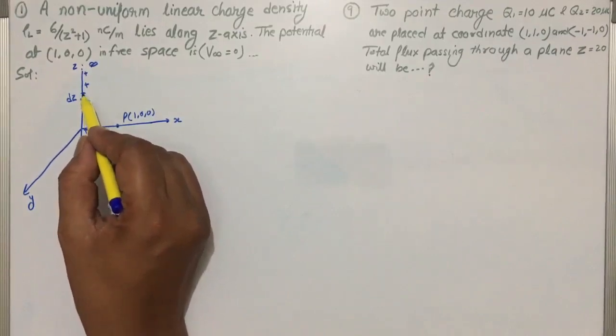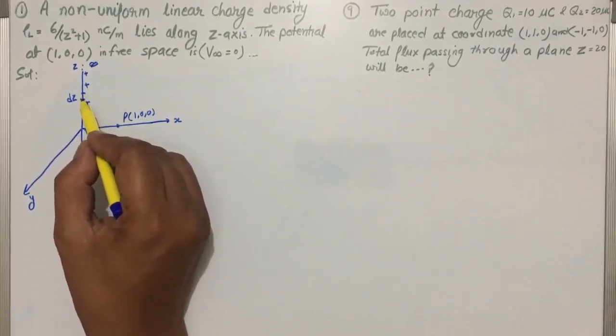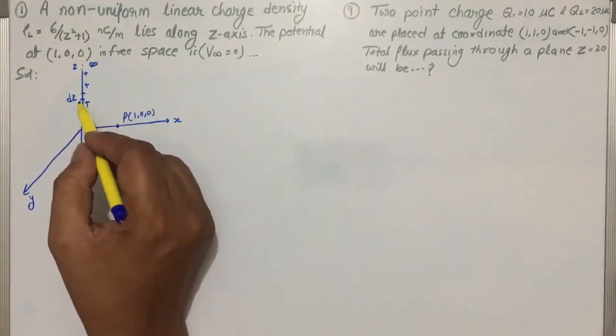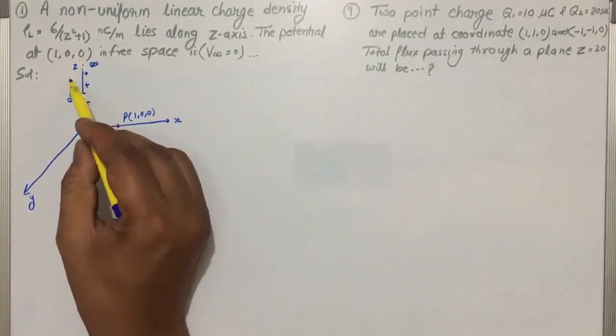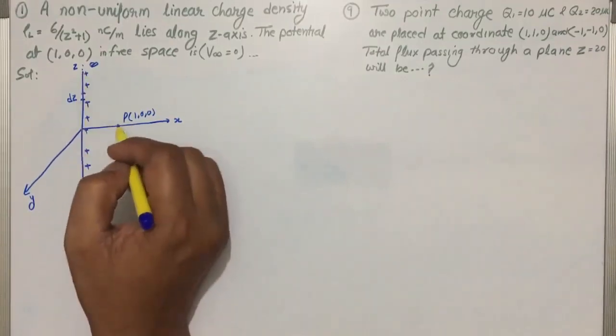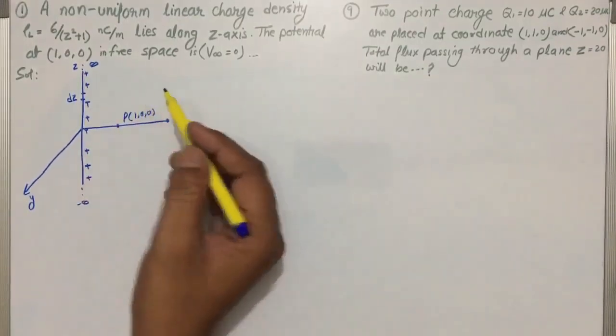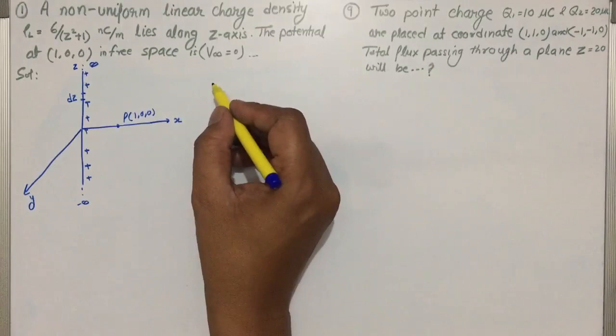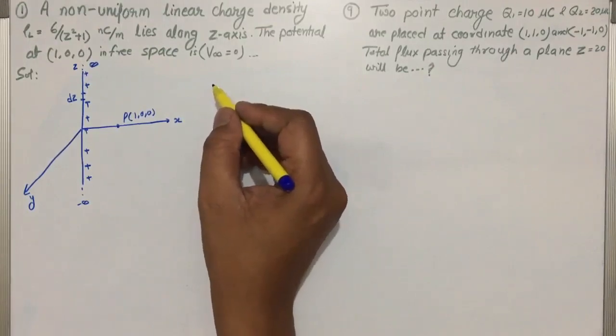So if we know the charge and find the potential from it at this point, then we integrate over the full distribution, which gives the total potential at this point. This is the basic concept, so let us start.